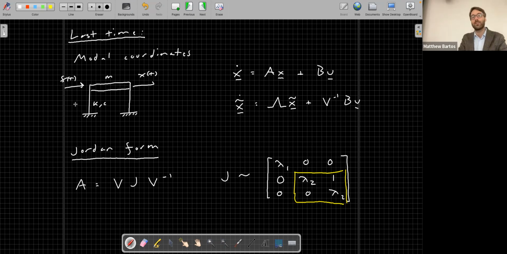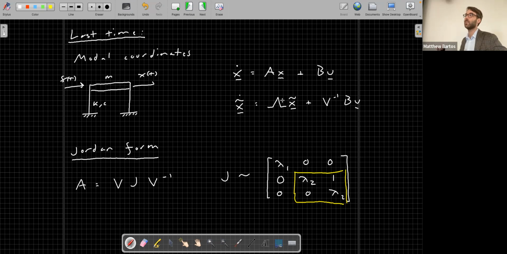Okay, we also discussed modal coordinates. So if we have a dynamical system described by the state space equation x dot is equal to Ax plus Bu, we can diagonalize the system and turn it into a set of uncoupled differential equations. That allows us to, on one hand, analyze the stability of the system easily. It'll allow us later on to do pole placement.